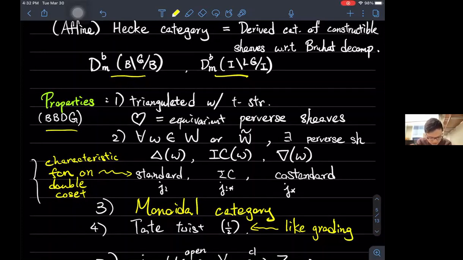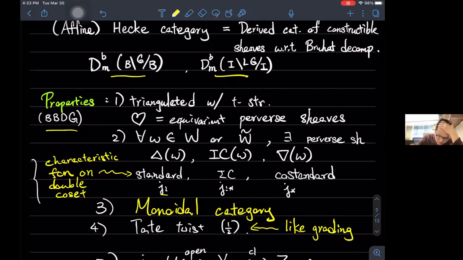And secondly, if you have an element in the Weyl group or affine Weyl group, there exist three perverse sheaves associated to this element. They are called standard, IC, and costandard, which are denoted as j_!, j_{!*}, j_*. The j_! and j_*, I suppose you're familiar with because they are everywhere in algebraic geometry. j_! is just extension by zero.